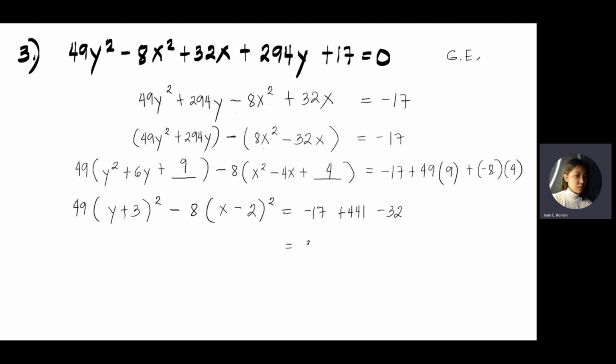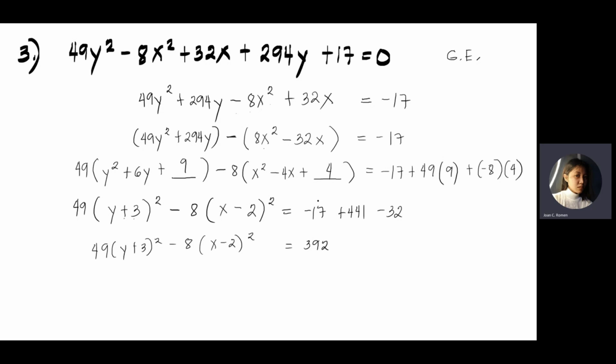So this is equal to 392. And just copy 49 multiplied by y plus 3 squared over 8 multiplied by x minus 2 squared is equal to 392.